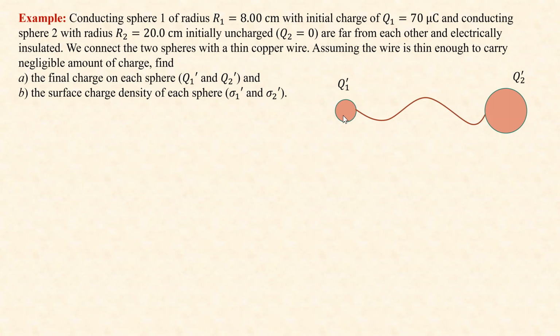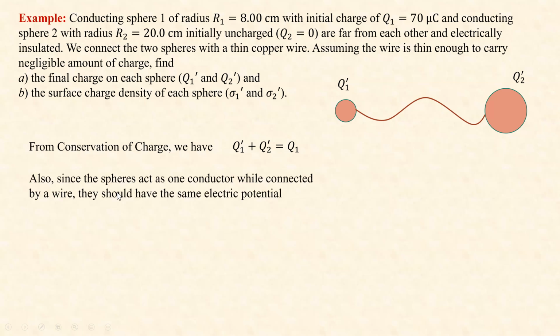So we can write potential of this one equals potential of that one. But also we have conservation of charge. The new charges q1 prime plus q2 prime is the same as the total charge before, which was q1. So we have q1 prime plus q2 prime equal to q1.